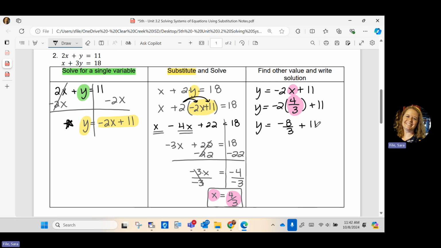Well, when you're adding fractions, you want a common denominator. So instead of 11, we can rewrite 11. If we want it to be thirds, we have to multiply by 3. So 11 times 3 is 33. So I'm going to replace 11 with 33/3.